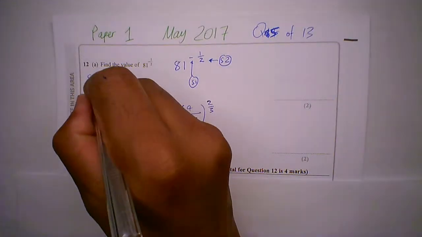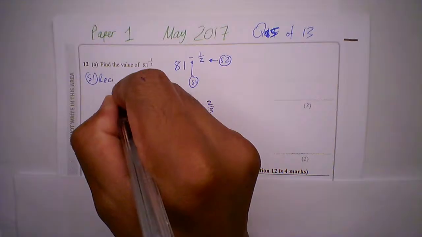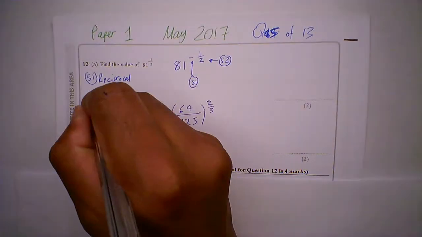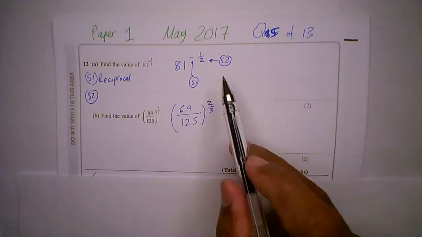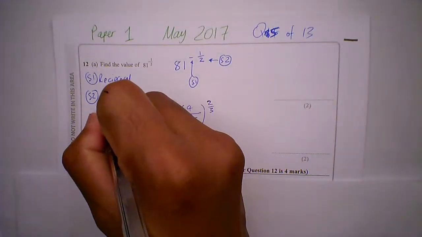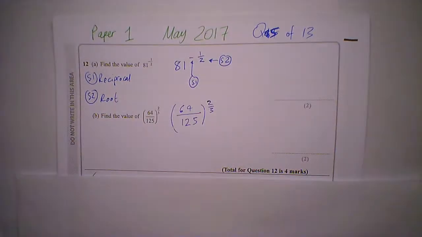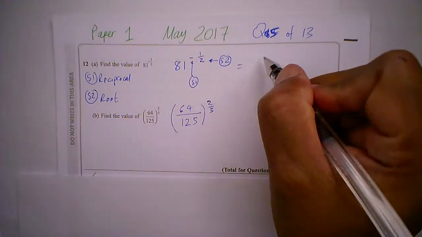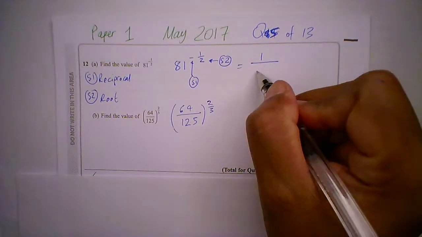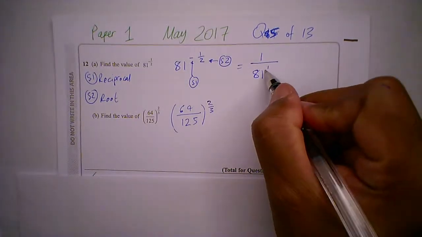So step 1 is reciprocal, and step 2 is a root. And so now I can say this is 1 over 81 to the power half.